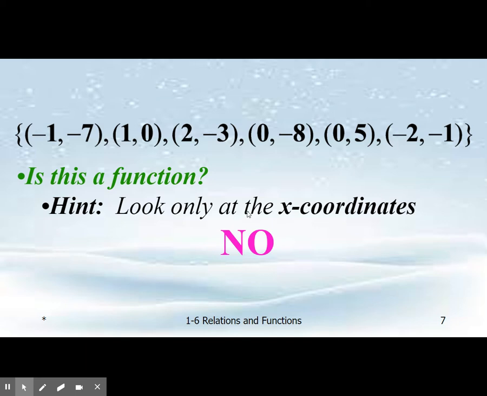Why? Because you have 0, 0. You've got 0 more than one time. Remember, every x can only have one y, but in this case, 0 goes with a -8 and 0 goes with a 5. You can't do that. So it's not a function. All the x's have to be different to be a function.